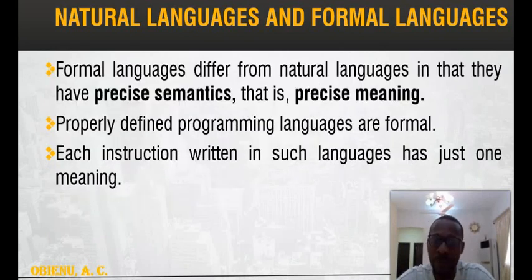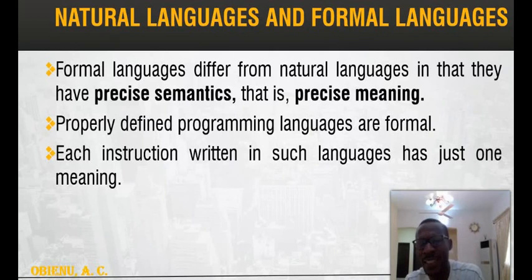Formal languages differ from natural language in that they have precise semantics, which means they have a precise meaning. As we said earlier, semantics has to do with the meaning. So formal languages have a precise meaning, and so every programming language must be written in formal language and not natural language.